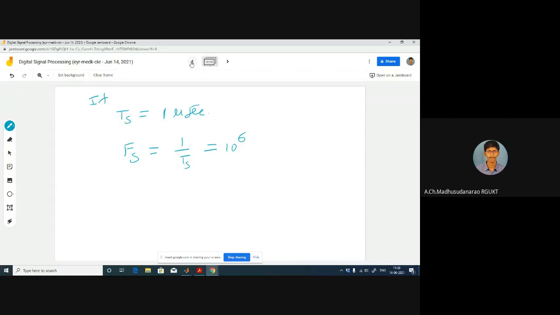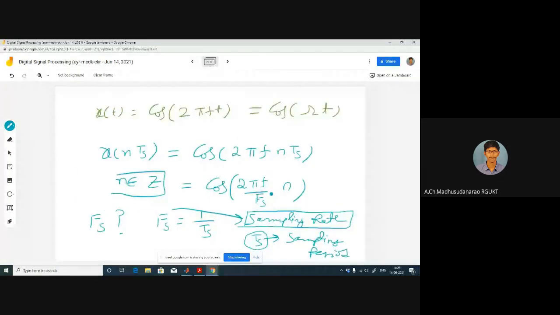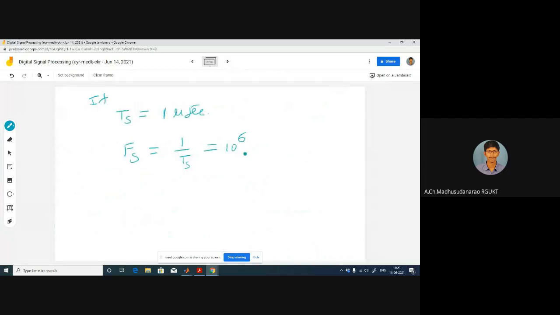That's fine. The units that you tell are okay for me, but I want some intuition. I'm calling this a rate, sampling rate. It is per second. Number of samples per second, right? Samples per second. Per second, I am taking 10 power 6 samples.